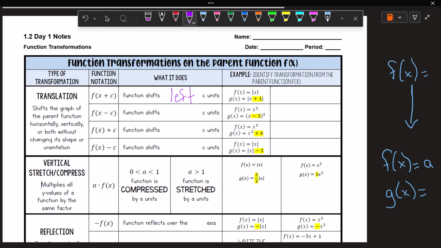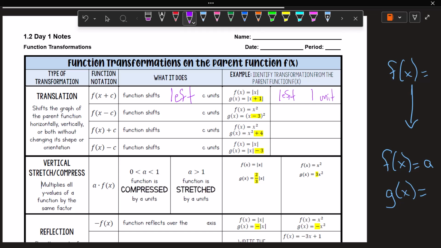However, because it's positive, and usually the equation is negative, we have to flip it, and we're actually going 1 to the left. So we moved left 1 unit.